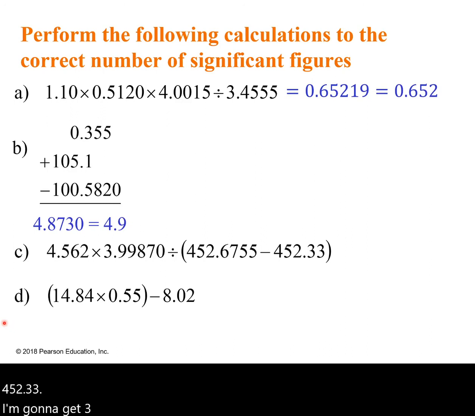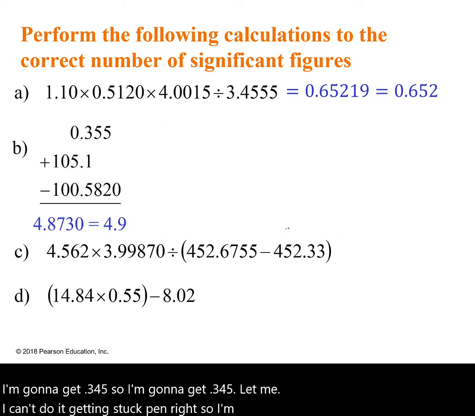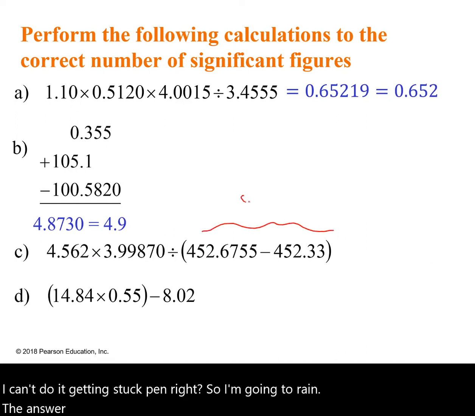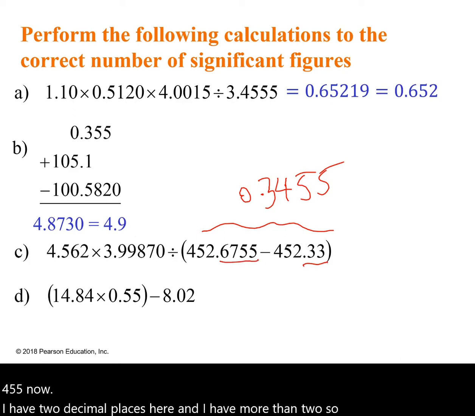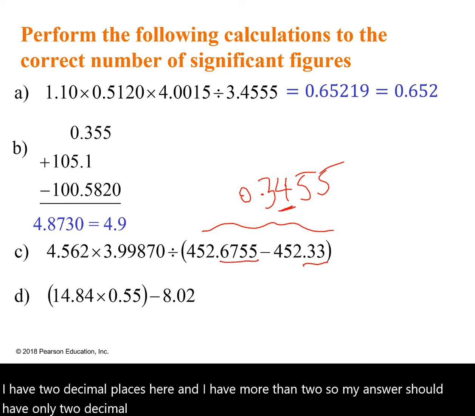So I'm going to get 0.3455. Now, I have 2 decimal places here, and I have more than 2, so my answer should have only 2 decimal places. So I'm going to underline that 4 right here.